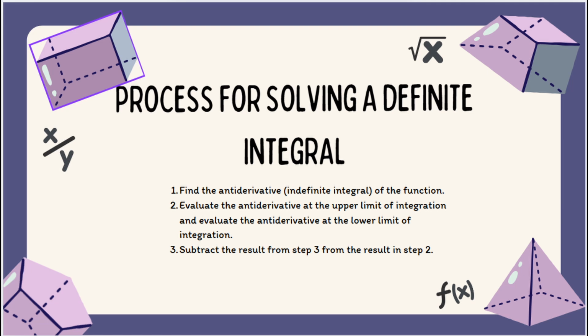This is done by subtracting the value obtained at the lower limit, F(a), from the value obtained at the upper limit, F(b). The result of this operation, F(b) minus F(a), is the net signed area of the function in the specific interval.